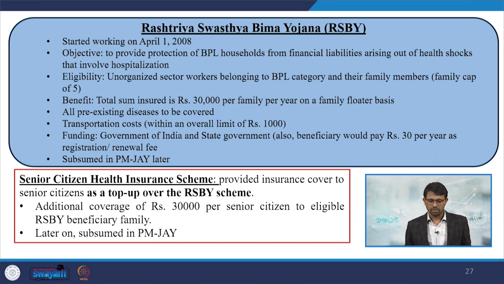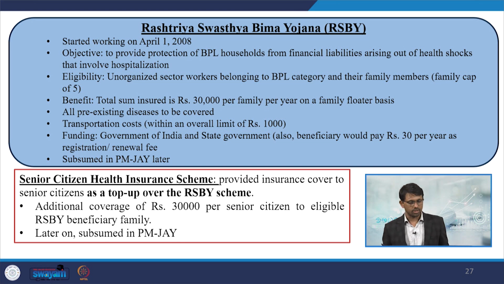To emphasize an important scheme in the context of healthcare, Rashtriya Swasthya Bima Yojana started working on April 1st, 2008. The objective was to protect BPL families from financial liabilities arising out of health shocks because of hospitalizations. The eligibility is unorganized sector workers belonging to the BPL category and their family members.